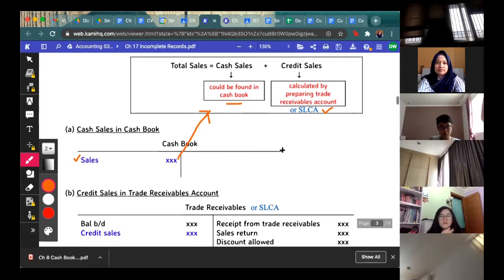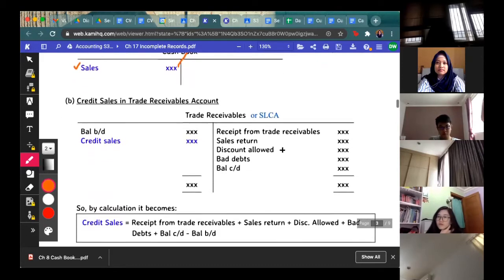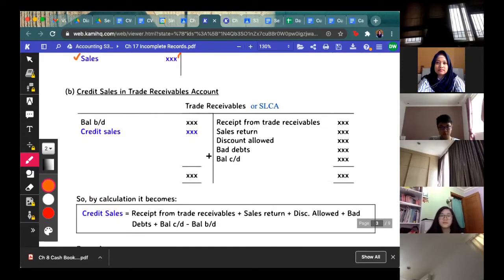Okay, next, credit sales. To find credit sales, this is the SLCA template, or trade receivables template. This is familiar to you, but for SLCA in incomplete records, it's not going to be as complete as the control account. You just have to remember the basics. Balance BD is on the debit side.